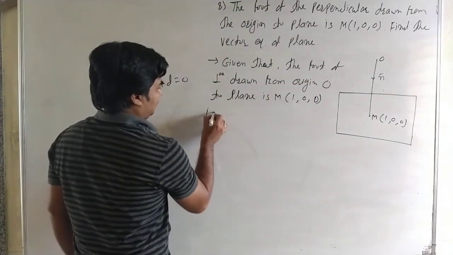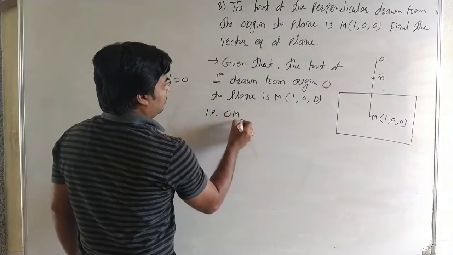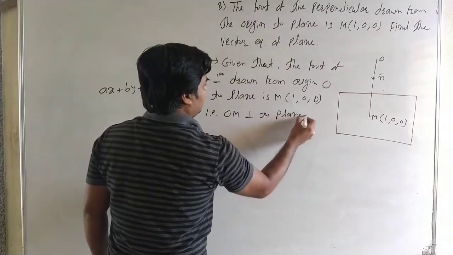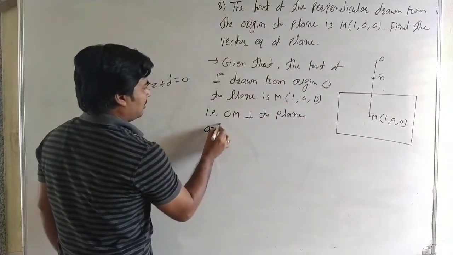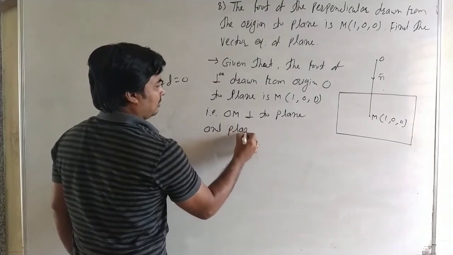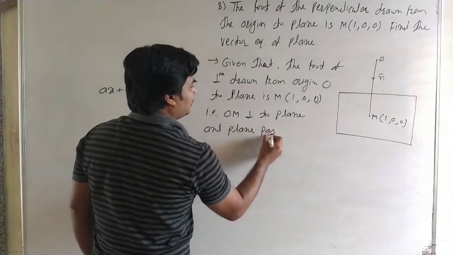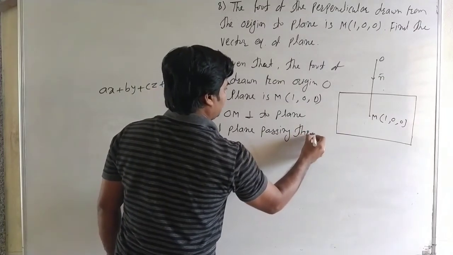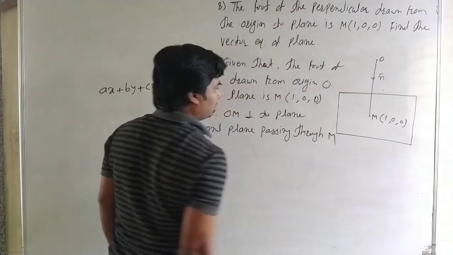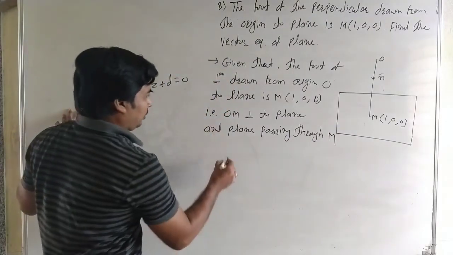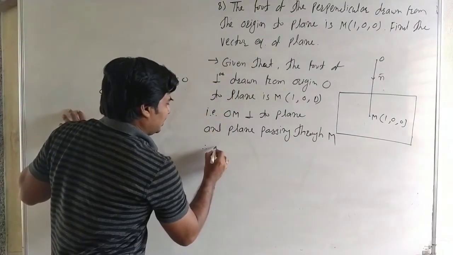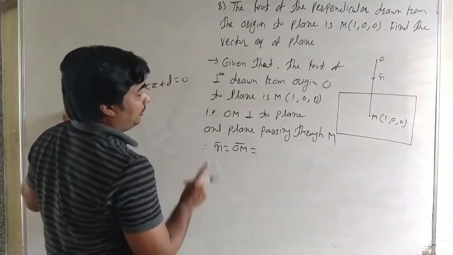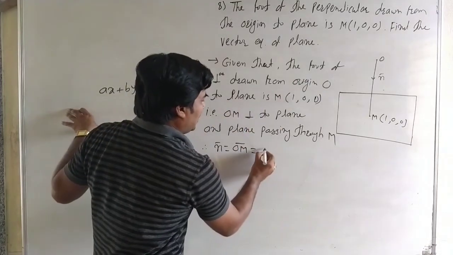That is, OM is perpendicular to the plane, and the plane passes through M. Therefore we take n bar equal to vector OM, which is only i cap.